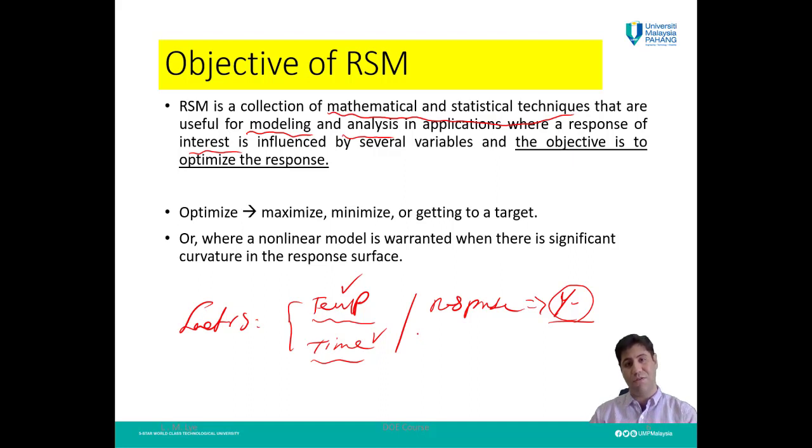The final objective of optimization by RSM can be maximization of something, or minimizing the response, or getting a target actually. Here, for example, we are going to have a maximum yield. So the optimization here is maximizing the yield of that process.